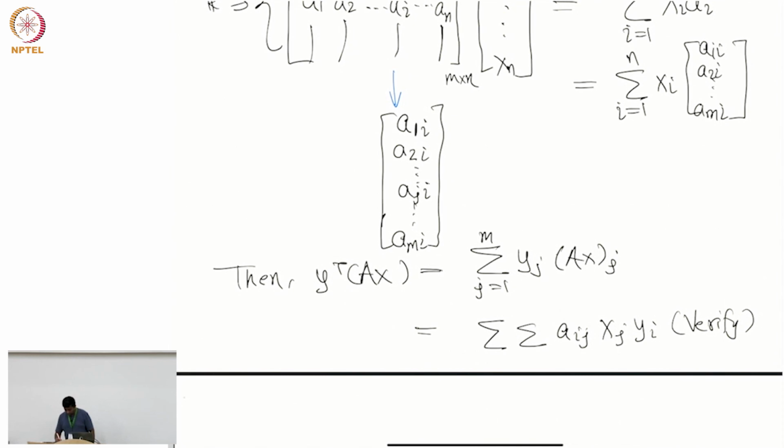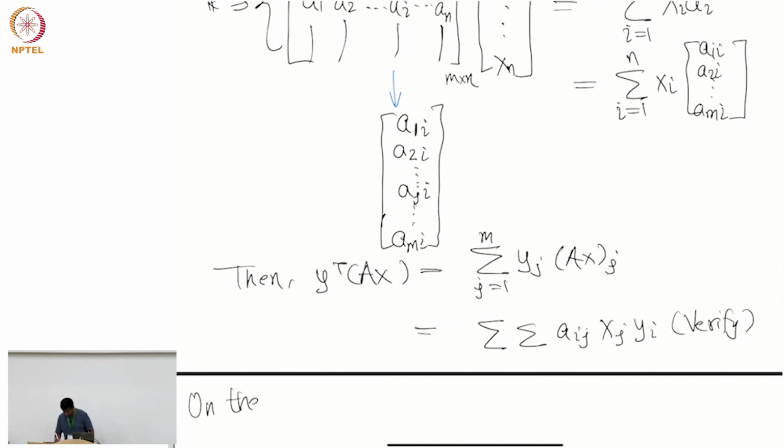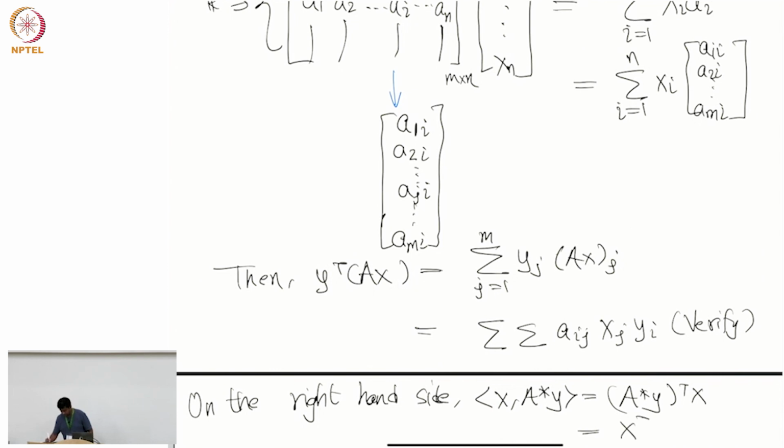And the other direction, on the right hand side, we would get the inner product x comma A star y, which is A star y transpose x, which can be thought of as x transpose A star y.